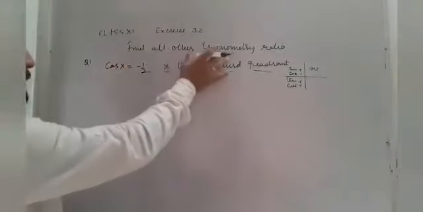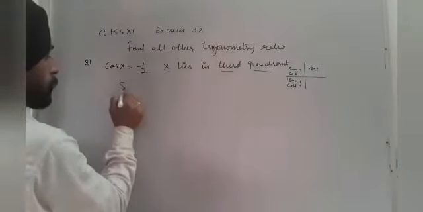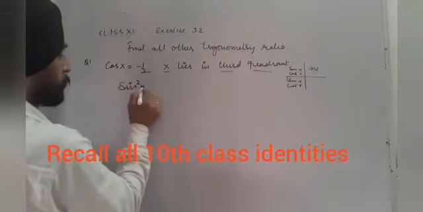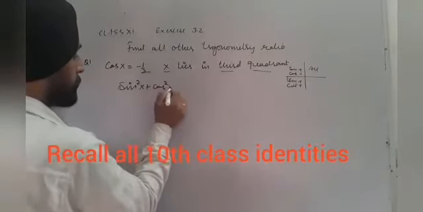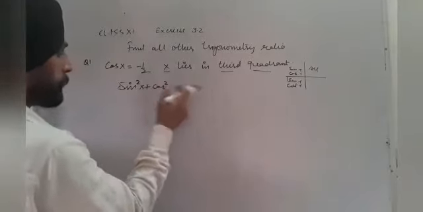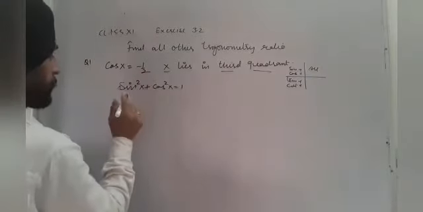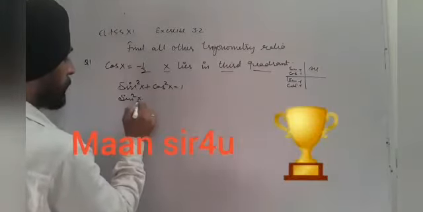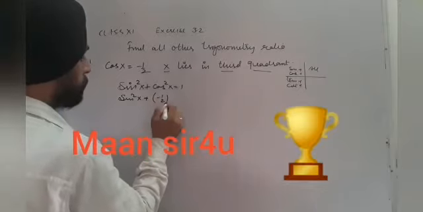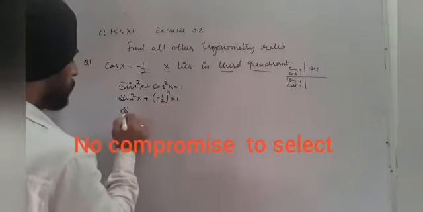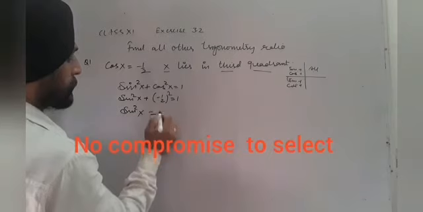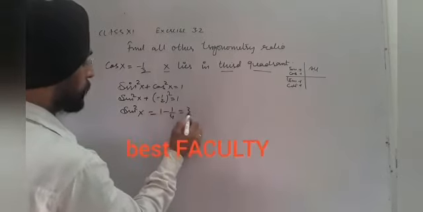Right student. Now let me proceed with this question. We need to find all the other trigonometric ratios. Student, you recall one of the identities: sin square x plus cos square x is equal to 1. It is a 10th class identity. So we will put the value of cos x, minus 1 by 2 squared, and you can find the value of sin square x is equal to 3 by 4.